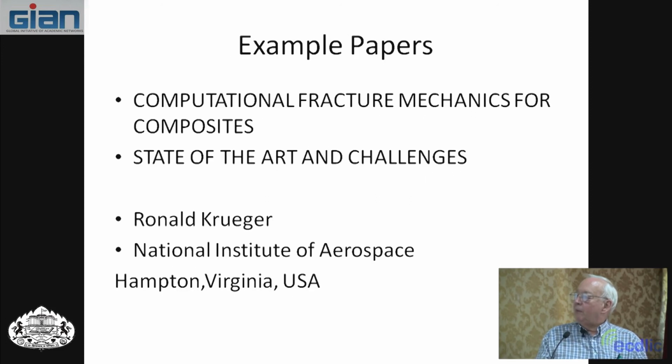Here are some papers I found on the internet, and as I said, they look interesting, but you usually can't get them unless you pay money. One of the big things, computational fracture mechanics for composites, and this came from NASA.